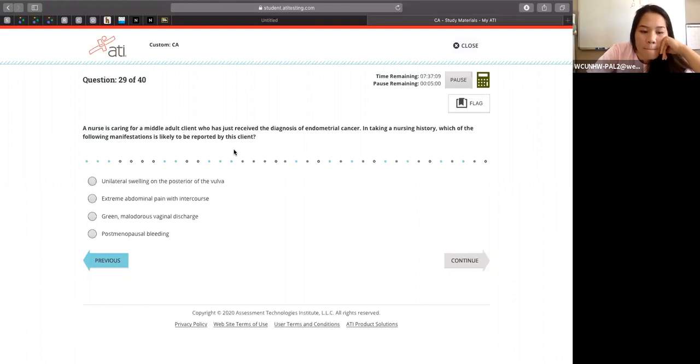Is it B? No, this could mean like a UTI, or extreme abdominal pain. I don't know. It's actually this one, because once you pass the menopause stage, there shouldn't be any bleeding.